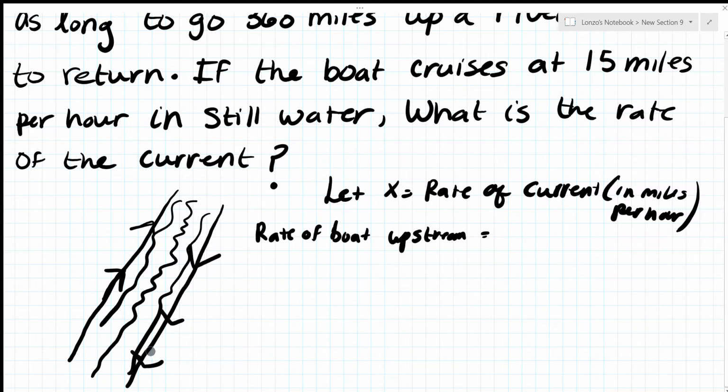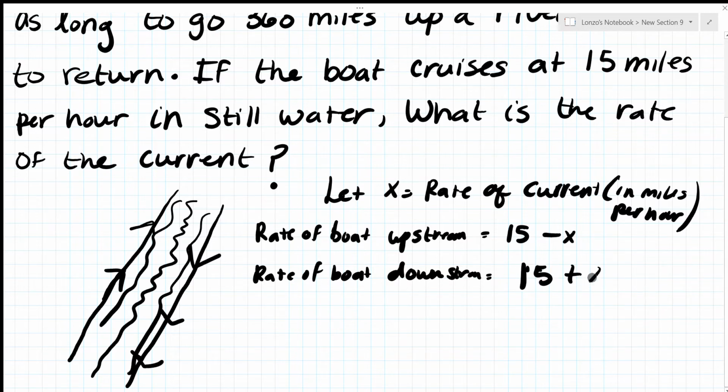So when you go this way, it's going to be 15 minus x, because they say that the boat cruises at 15 miles per hour. Going against the current, negative x. And then the rate of the boat downstream is 15 plus x, right? Remember, downstream, you're not going negative. When you go downstream, you're actually increasing speed, so that's why it's positive.